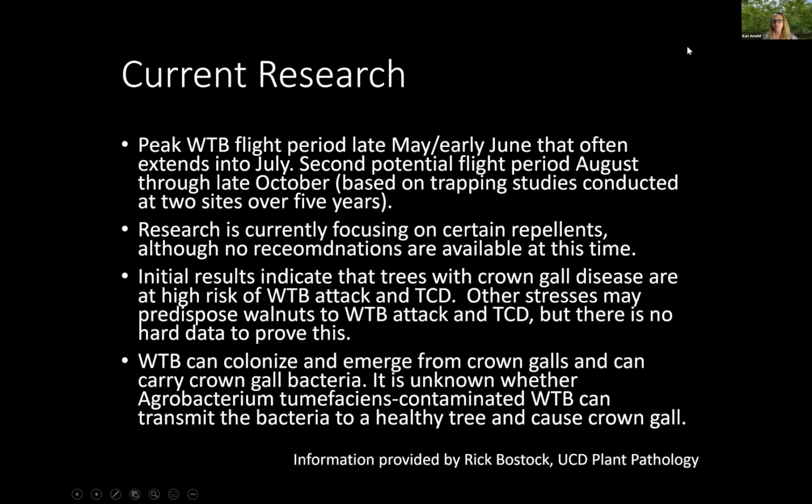But we always want healthy trees, right? Walnut twig beetle can colonize and emerge from crown galls and can carry crown gall bacteria. It is unknown whether the walnut twig beetle can transmit Agrobacterium tumefaciens, the causal agent of crown gall, to a healthy tree and cause crown gall. Those are all interesting things being looked into as we speak.